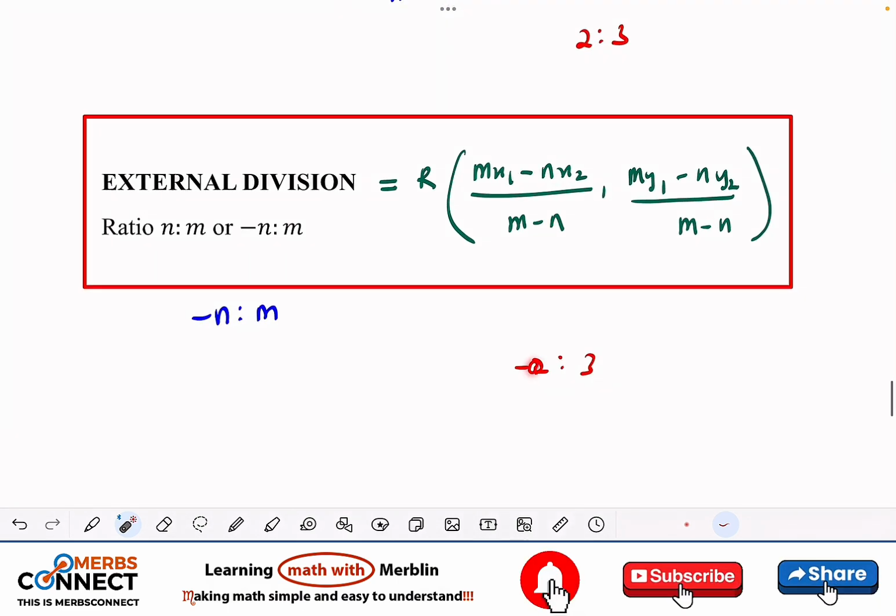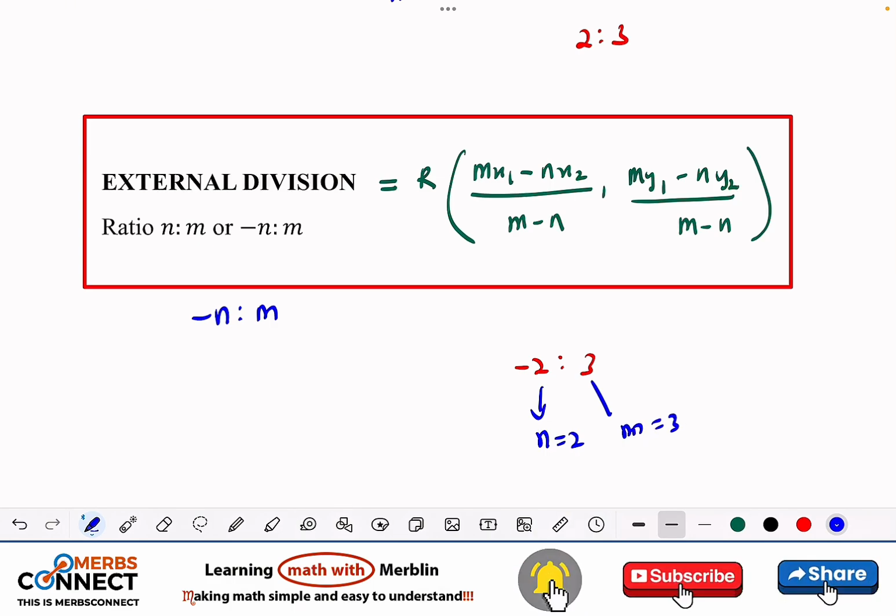So when the minus is here, it's trying to tell you that it is external. So your n here is 2, and your m here is 3.